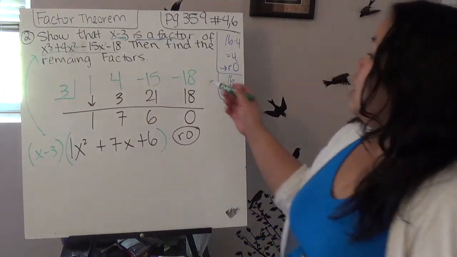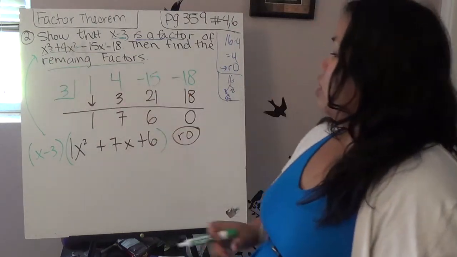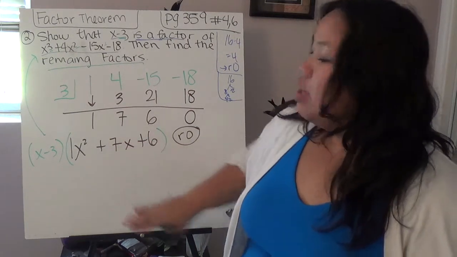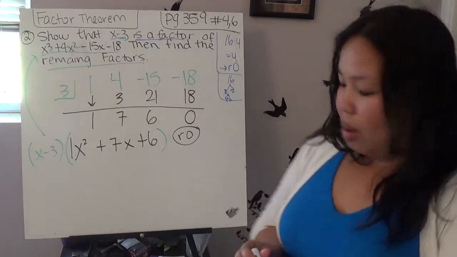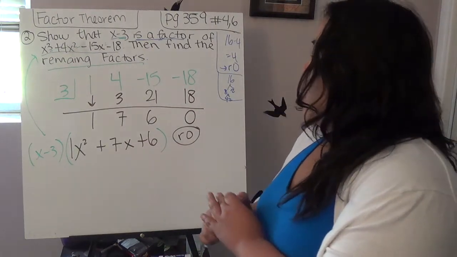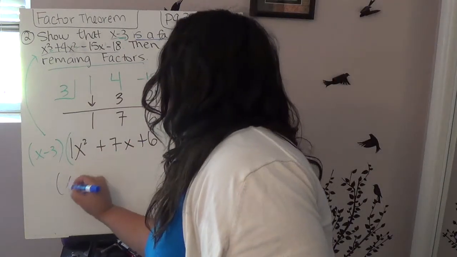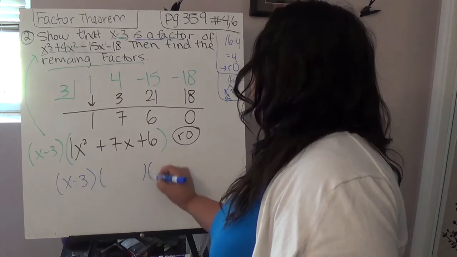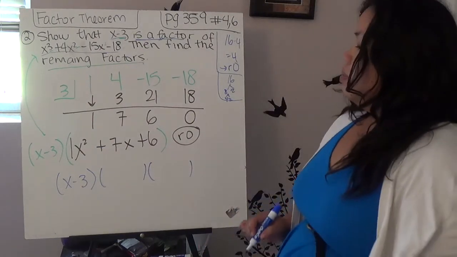But I'm not done because it's asking me to find the remaining factors. Since this is an x squared, I can further break it down into even more bubbles, factor this and simplify it. So I know definitely x minus 3, but now I can break this down into 2 bubbles.